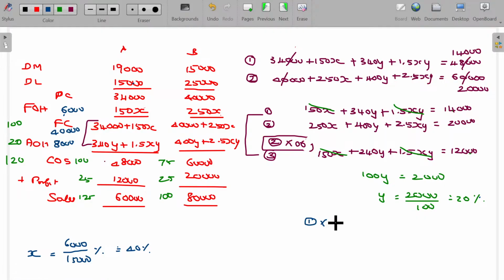Okay, equation 1 is re-prepared where y is equal to 20%. 150x plus 340 into 0.2 plus 1.5x into 0.2 is equal to 14,000.